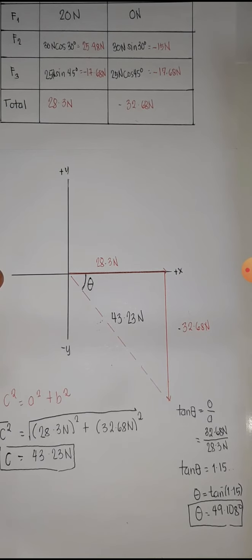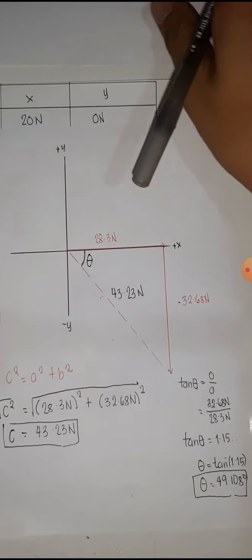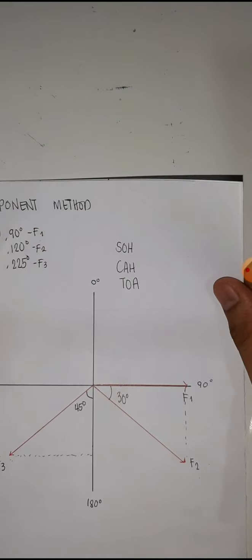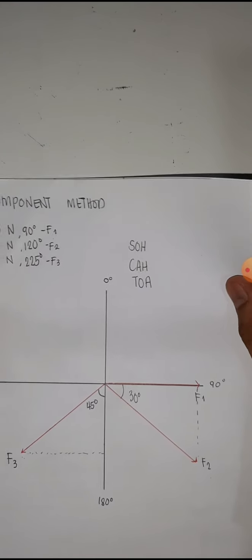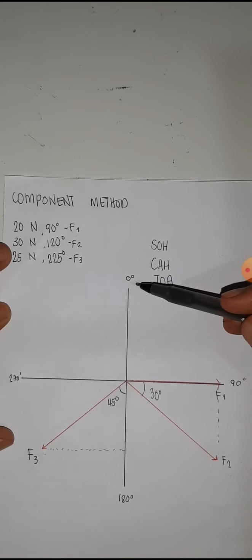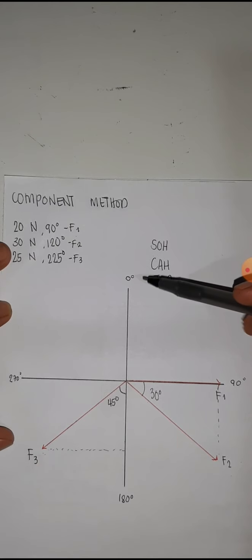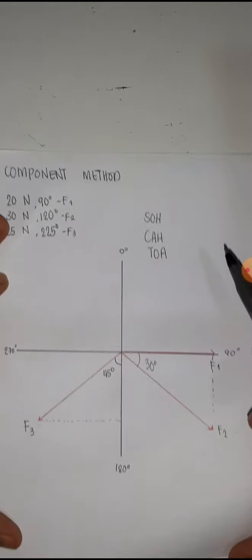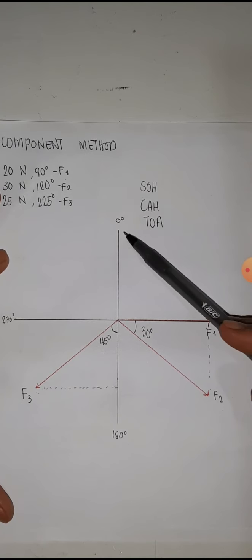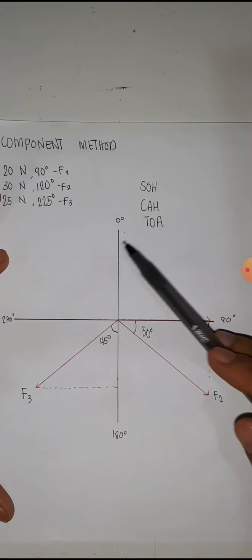Okay, going back to our given example earlier. Based on our given example, the angle is measured from your positive y-axis, and it has given values of 0, 90, 180, and 270. So just for us to be consistent, we also need to describe the location or the angle of your resultant vector using this pattern.